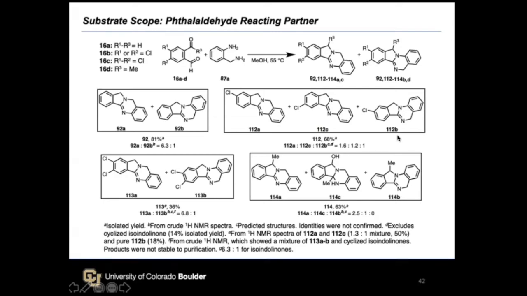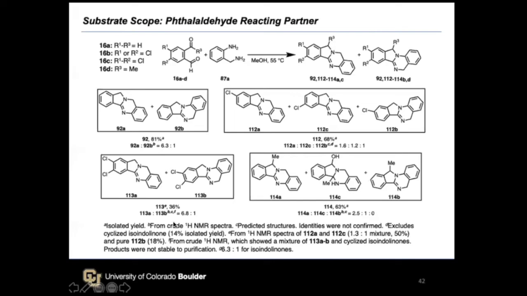We found that decreased the yield, but the yield was still good, and that 3 of the 4 possible regioisomers formed. We also tried the 3,4-dichloro-orthothialdehyde, which gave products number 113, and that one significantly decreased the yield.